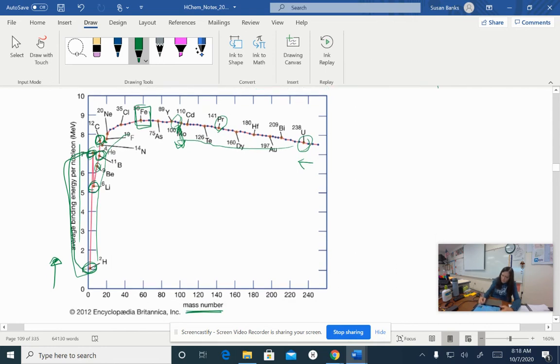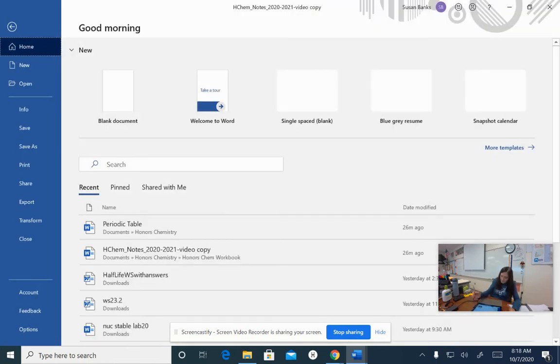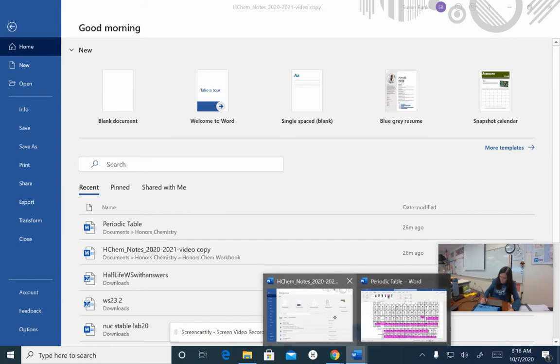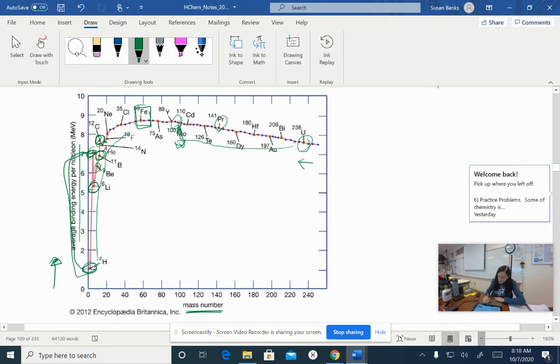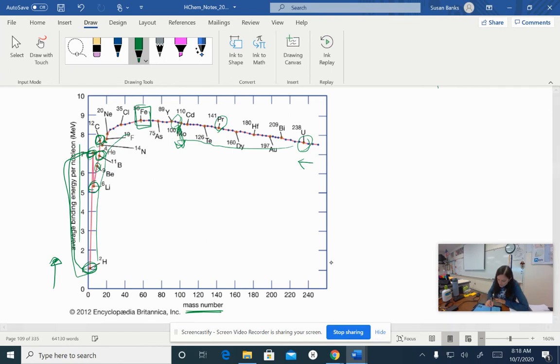Okay, so fission gives me a little bit of an energy jump.